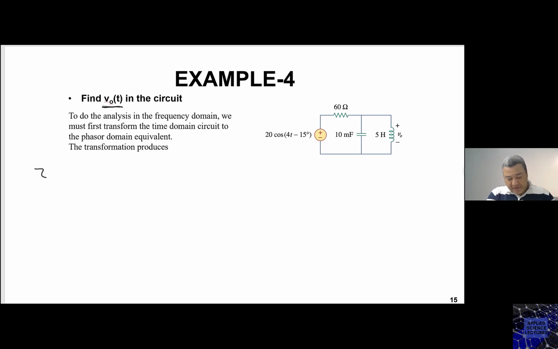So the impedance for the capacitor is going to be minus j 1 over omega C, and this is minus j 1 over omega, which is given to me as 4, and C as 10 millifarad.